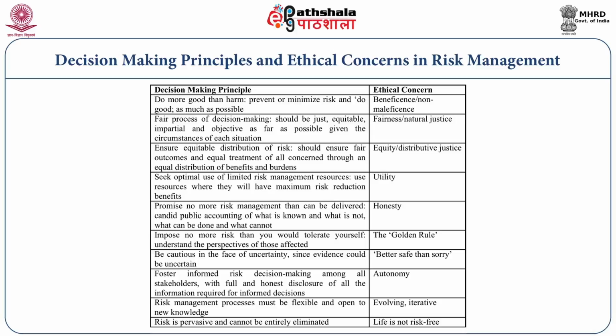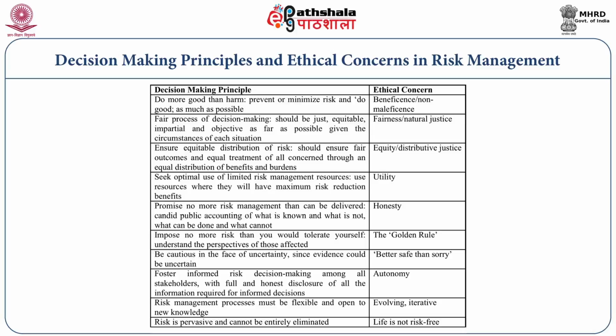Fourth, seek optimal use of limited risk management resources and use resources where they will have maximum risk reduction benefit. The principle here is of utility. Fifth, promise no more risk management than can be delivered. Candid public accounting of what is known and what is not, what can be done and what cannot be done.